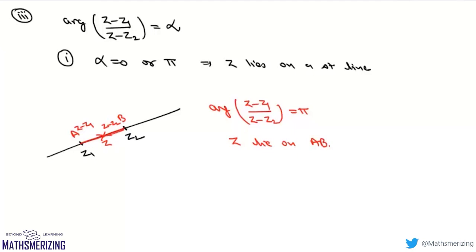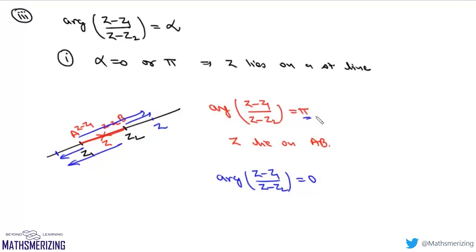Now if Z lies outside AB, now say Z is here, then this is Z minus Z1 and this is Z minus Z2. So that means if argument of Z minus Z1 upon Z minus Z2, it is equal to 0, then Z will lie on this line AB except for the points lying between A and B. Even if we take this Z here, then again this is Z minus Z1 and Z minus Z2.